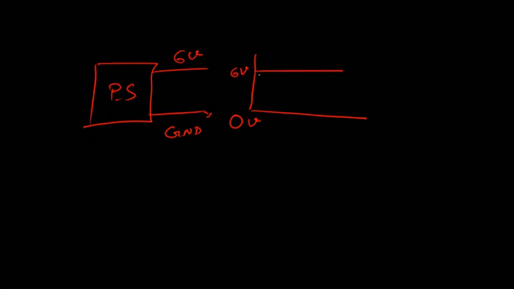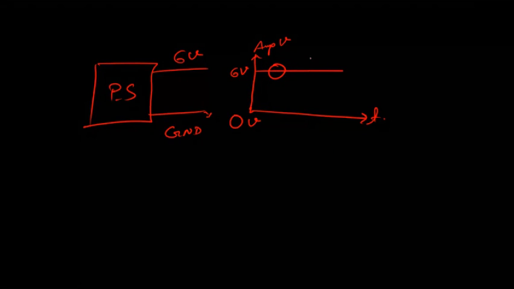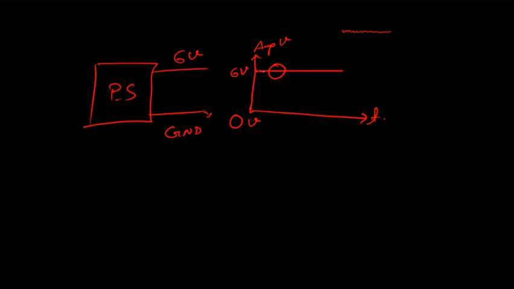This is amplitude in volt, and this is time. This is 6 volt. Now, if you amplify this particular zone, or zoom into that zone, will this line be steady, or will it be something like this or something like this?